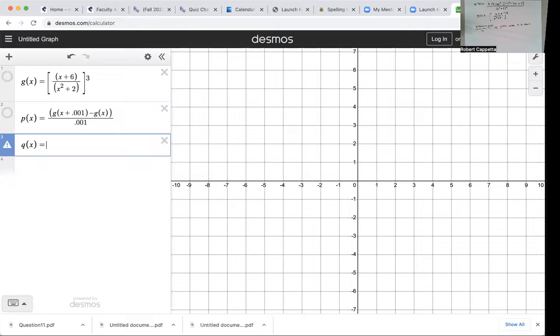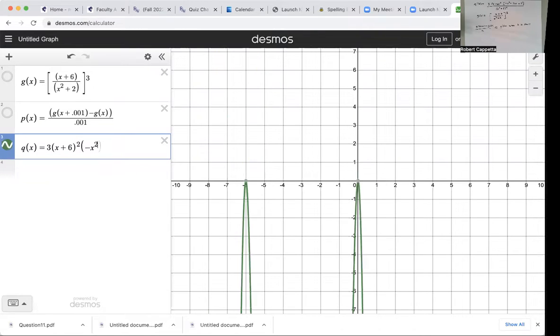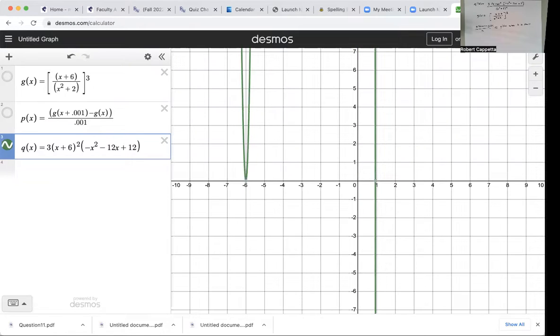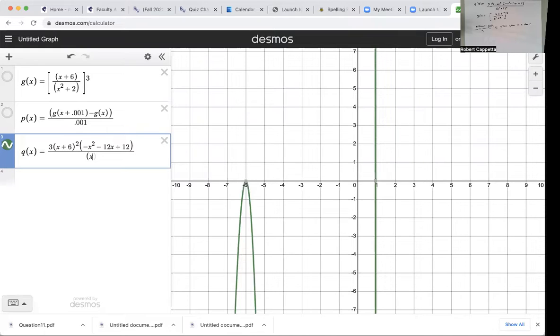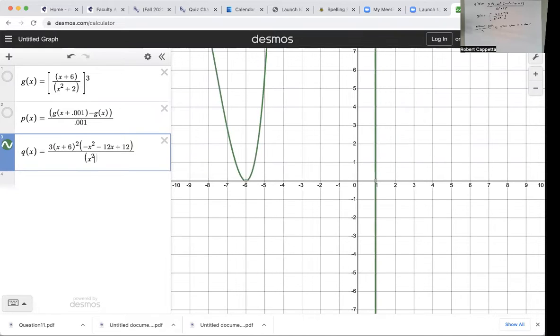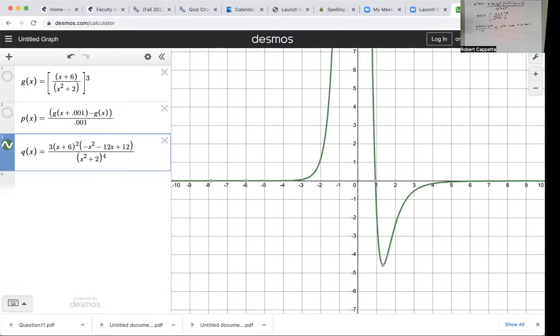What's upstairs? 3 times x plus 6 squared times negative x squared minus 12x plus 2. This is all upstairs. Divided by, what do I have downstairs? x squared plus 2 to the 4th power.